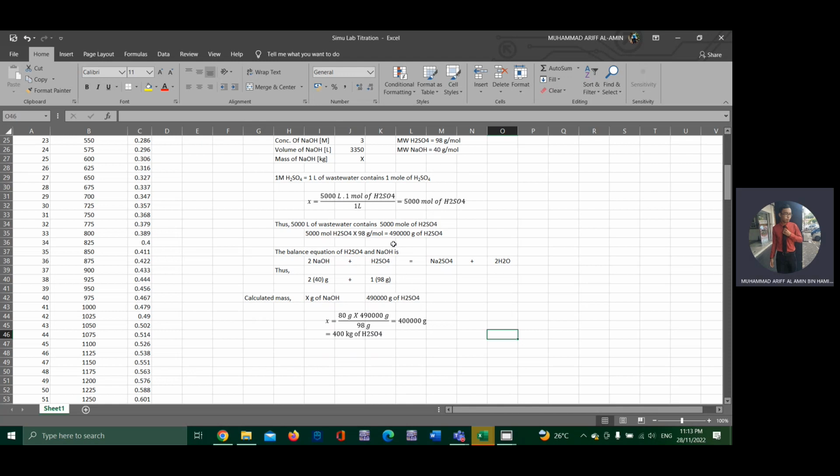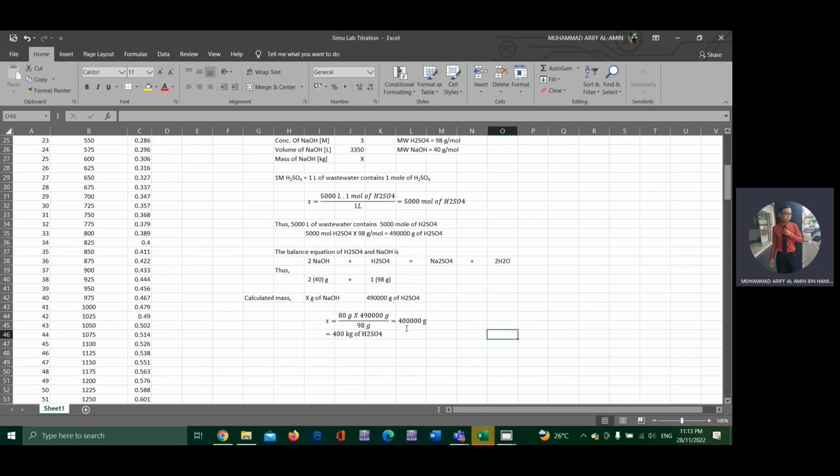So we have calculated just now, we get 490,000 gram of H2SO4. So after derivation, we need to multiply the 80 gram multiplied by 490,000 gram divided by 98 gram.